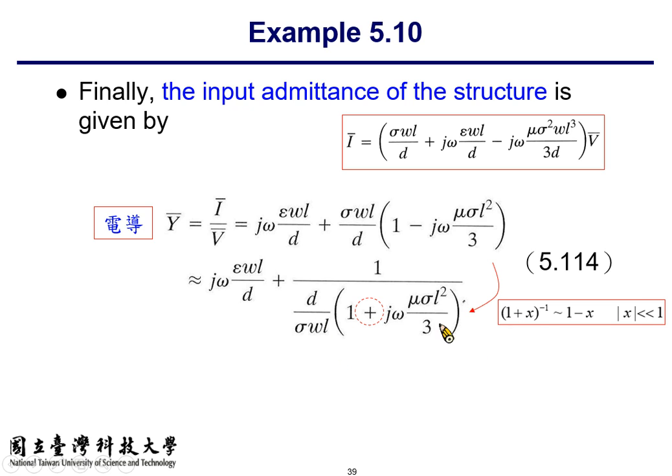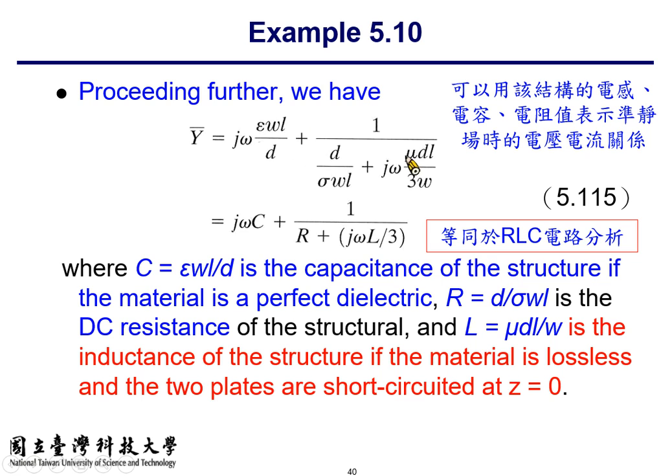And what is the purpose of doing so? Because we can identify that epsilon WL over D is the capacitance of the parallel capacitor, and D over sigma WL is the inverse of the conductance, G, so it's equivalent to resistance.